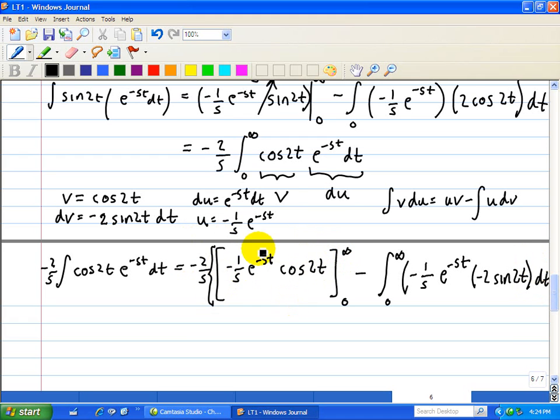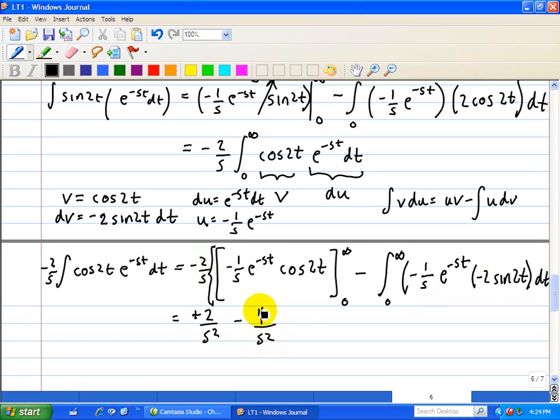When we substitute infinity, the upper limit goes to 0, and then the lower limit is just the minus, and the minus here cancels out, so that's a plus 2 over s squared. And then here, minus 2 over s multiplies by this negative 1 over s, so that's a positive 2 over s, but we still have a minus sign, so that's just minus 4, because we got the 2 here and a 2 here, over s squared.